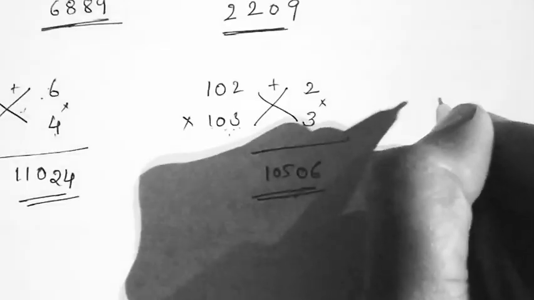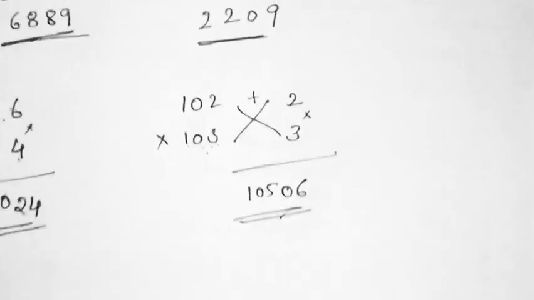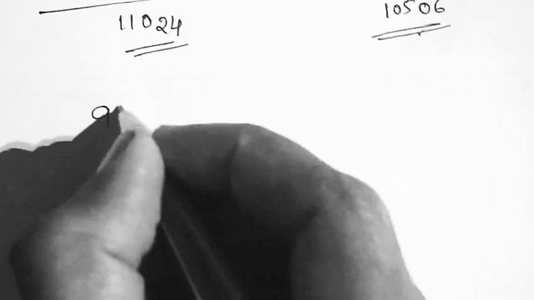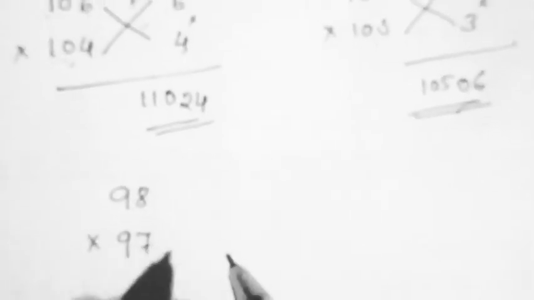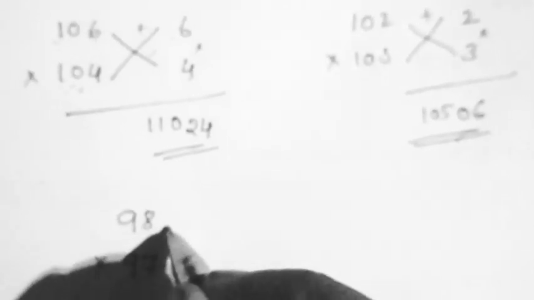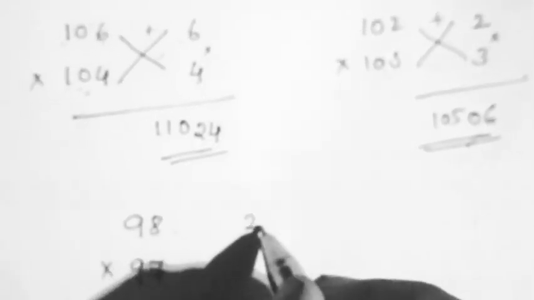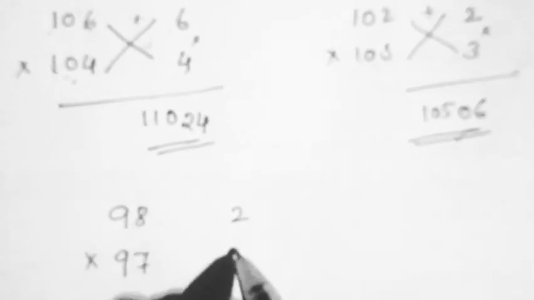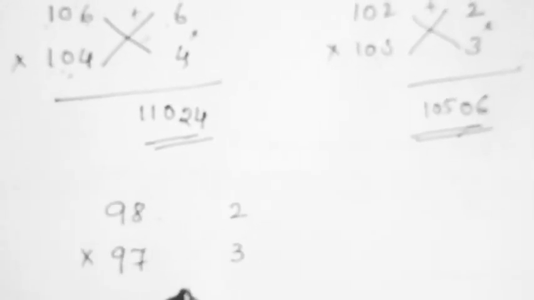10,506. If it is a nearby value but lesser than 100, we'll take the example of 98 and multiply with 97. How much lesser is it? 98 is 2 lesser than 100 and 97 is 3 lesser than 100.